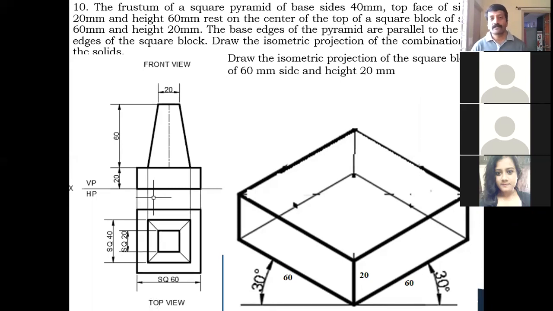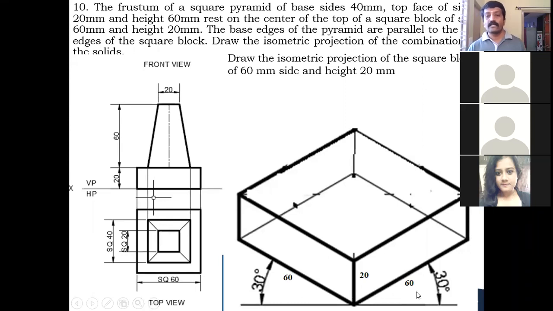After this, let me start the isometric projection. First let me draw the isometric projection of the base of the solid, that is the square slab or the square block. So how to do this? You draw one horizontal projector line, take any one point, and draw a 30-degree line on either side of the point. Now on this, you take the side, that is 60 millimeter, any one side of this box, convert that into isometric scale.